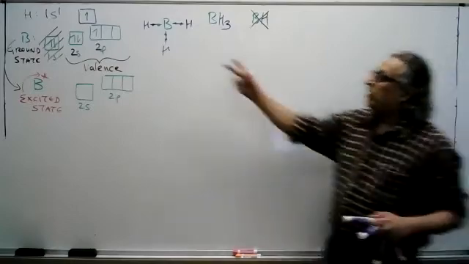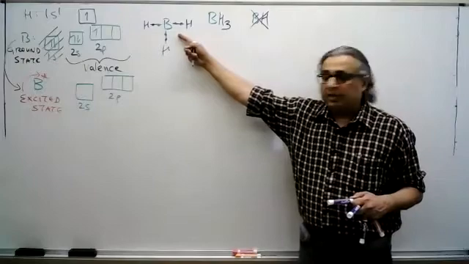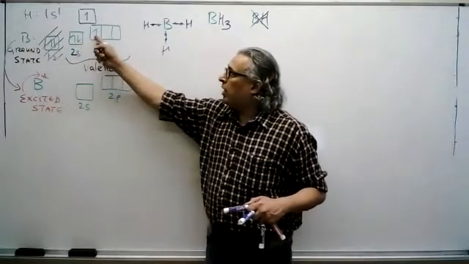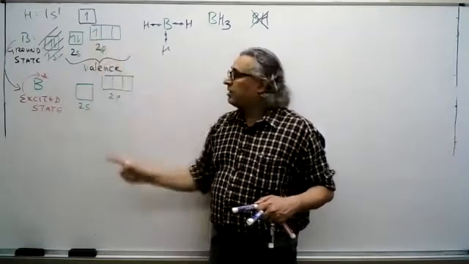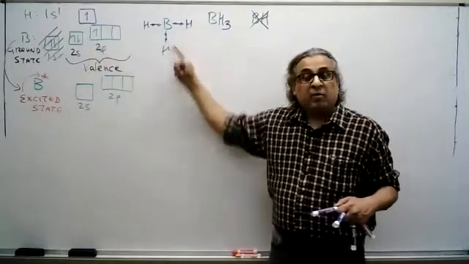You need 3 unpaired electrons to make 3 bonds with 3 hydrogens. Unfortunately, this is useless. You only have 1 unpaired electron to make 1 bond with 1 hydrogen. Something has to happen before this can happen. What happens?